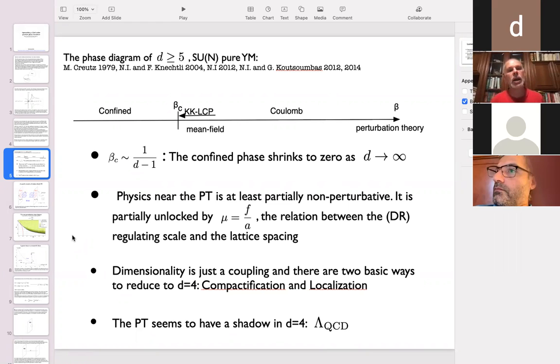So that's the shadow of the 5-dimensional or higher dimensional phase transition, as a 4-dimensional observer sees it.